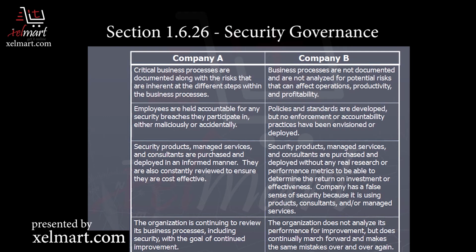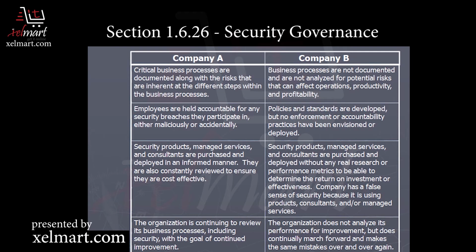In company A that has security governance, they hold their people accountable. They hold not only the CISO, but the process owners and even the employees. In this other company, they have policies, but they don't ever back them up. So you could see the difference between two different companies. One has security governance and one doesn't. And another thing with security governance is you have the metrics in place and you're continually trying to improve and you're monitoring.